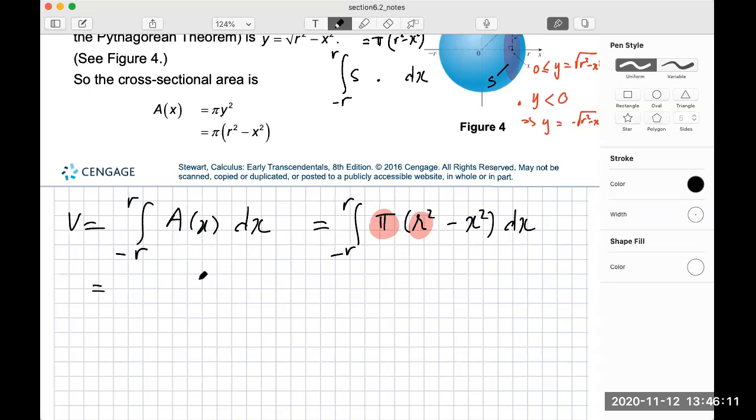So in other words, we can write this as pi, a constant we can take out of the integral, right? Here is R squared minus X squared dx, integral from negative R to R here.